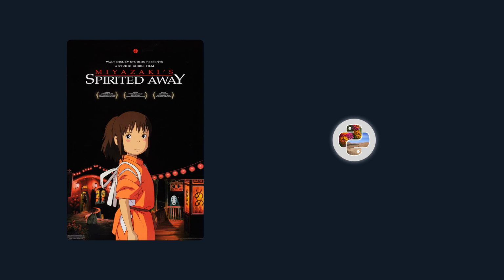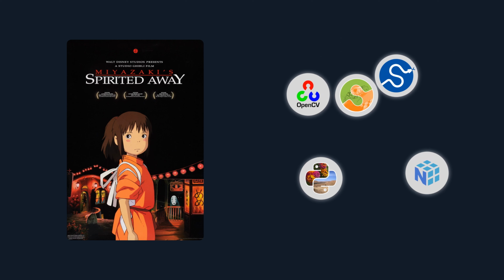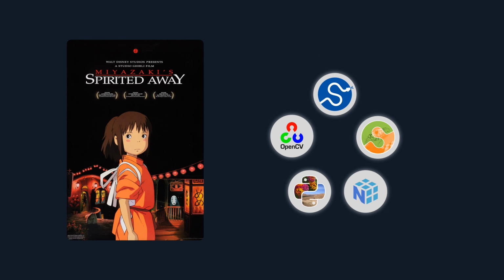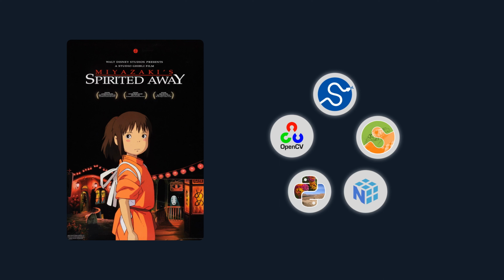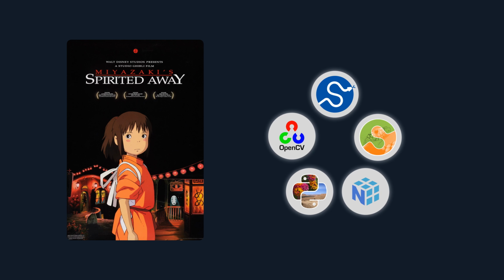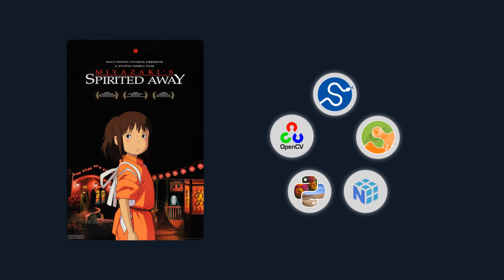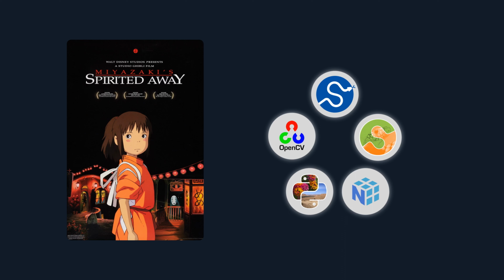The key idea behind all these packages is that they let us read images into Python as numerical multidimensional arrays. Once we have that, we can start applying all sorts of cool image processing techniques. Throughout this series, we will explore the unique features of these packages and see how they stack up against each other. By the end, you will know exactly when to use each one to make your images look amazing.